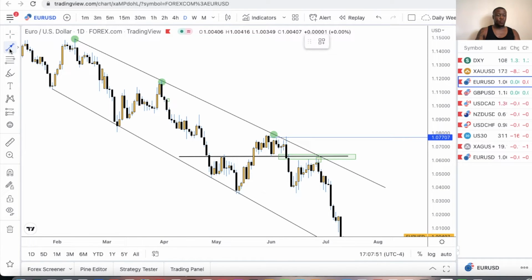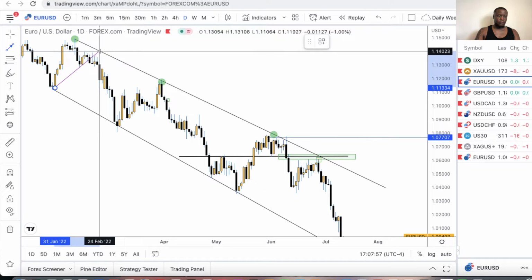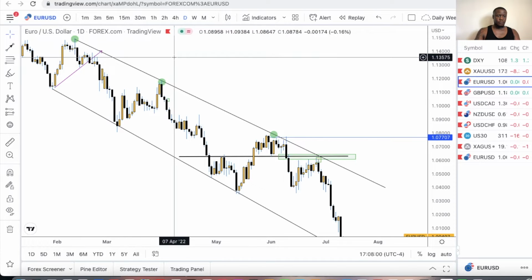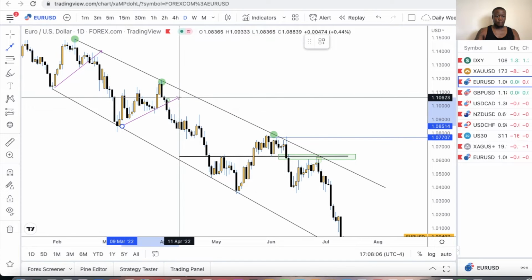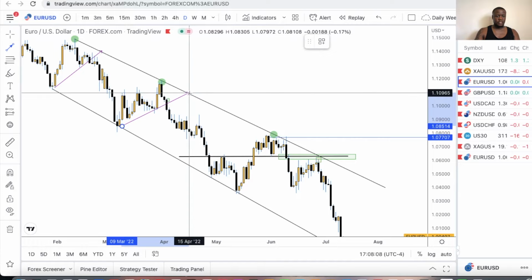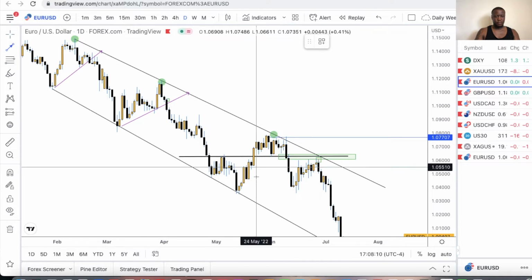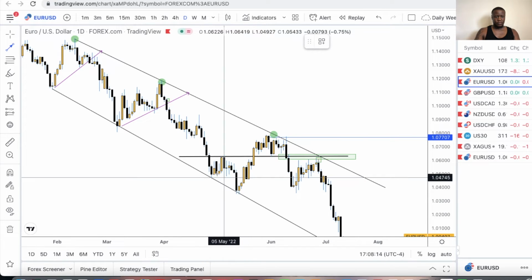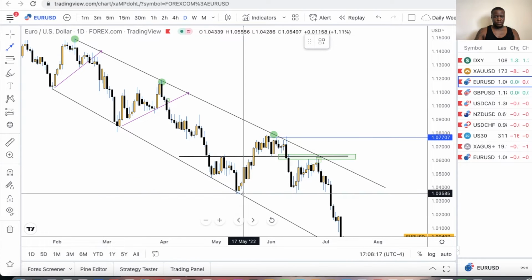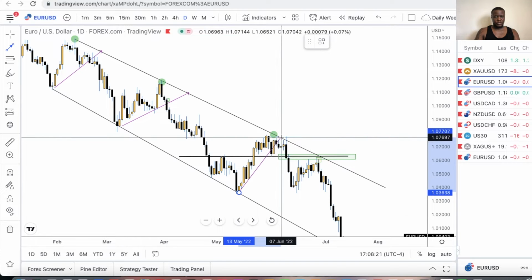Another thing you want to do is look for points going up. So that is a counter trend line. Counter trend line is broken. Counter trend line.